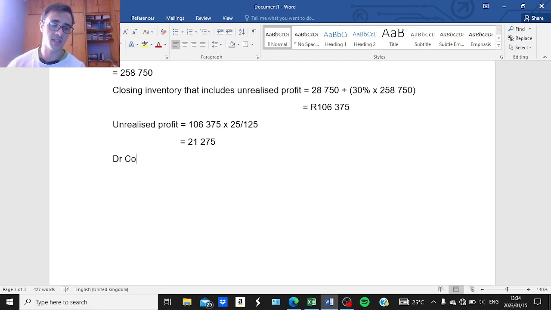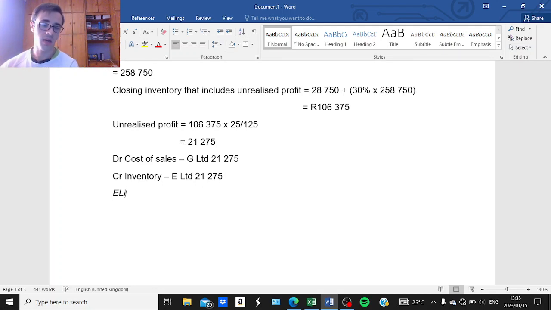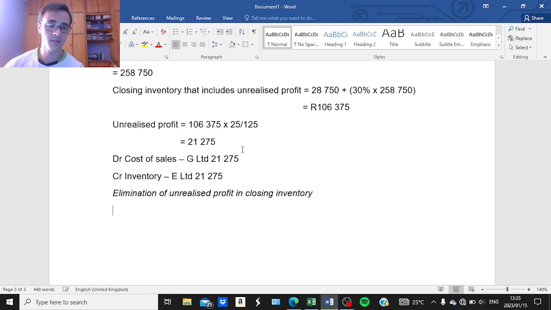So therefore we will debit cost of sales for Grazing Ltd, 21,275, and remember, we are removing the unrealized profit from closing inventory, which is why we will credit inventory for Econ Cows Limited, 21,275. Elimination of unrealized profit in closing inventory. Alright.